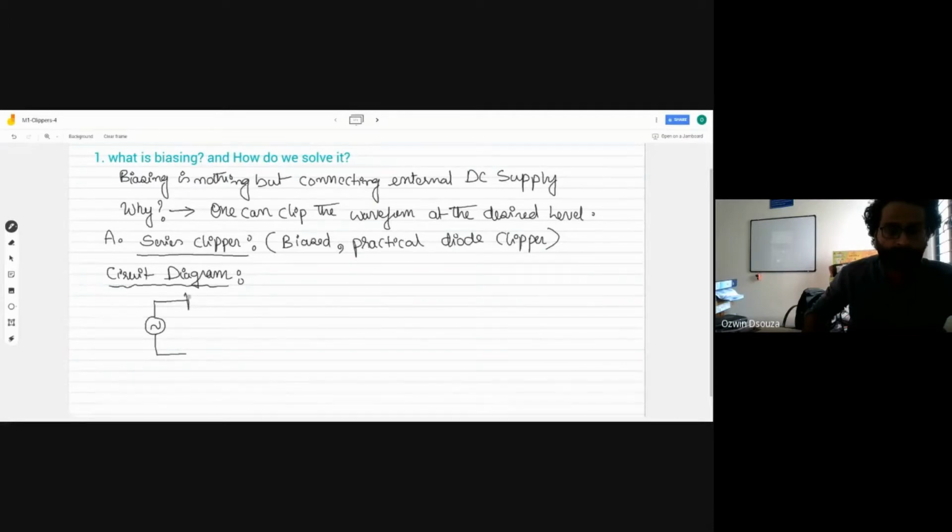So here is your diode. Just to tell you the classification, this is once again a negative clipper.